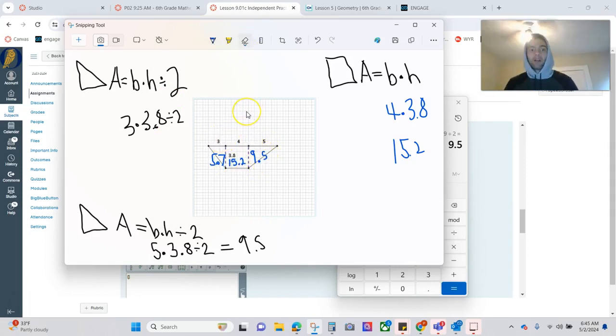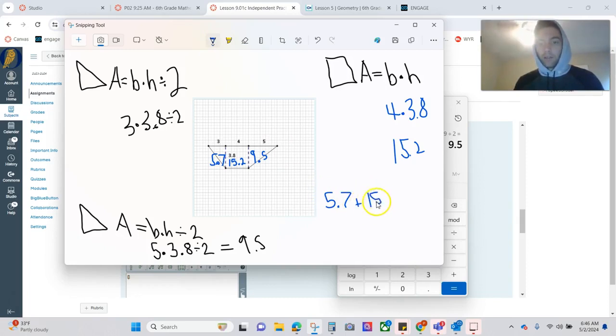Now that we have the partial areas of the 3 decomposed shapes, let's recompose like Frankenstein and add these partial areas together to get the total area. So the area of the left triangle was 5.7, the area of the rectangle in the middle was 15.2, and the area of the triangle on the right was 9.5.